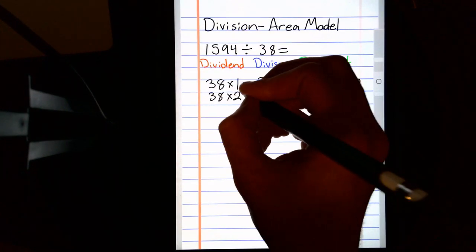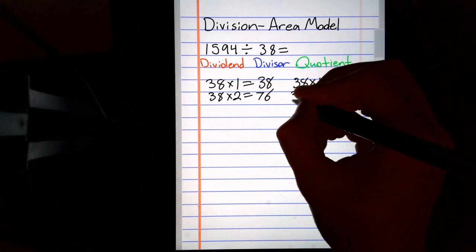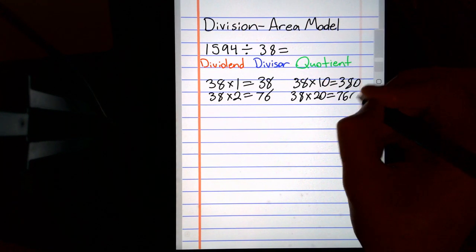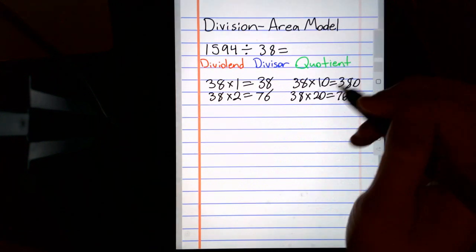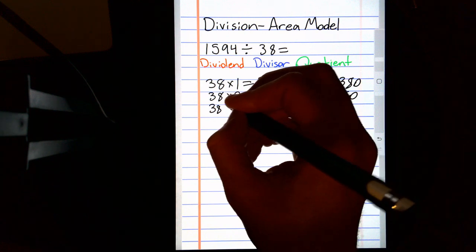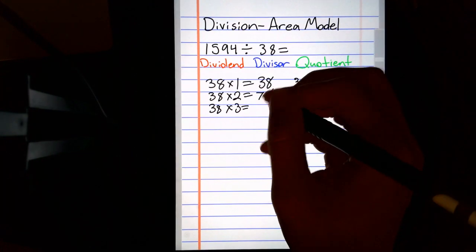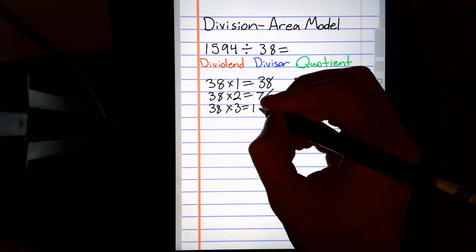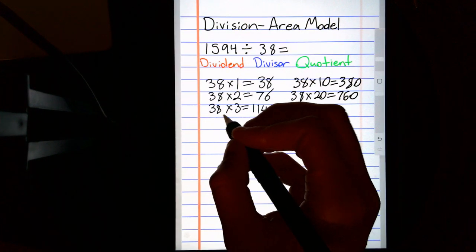38 times 2 is going to be 76, because we know that 38 times 20 is going to be 760. And we're just looking for these big numbers, partial quotients, to let us fill in the gaps later on in our next steps. 38 times 3, we can just add these two numbers together, the 1 and the 2, to get 114, because 38 times 3 is 114.